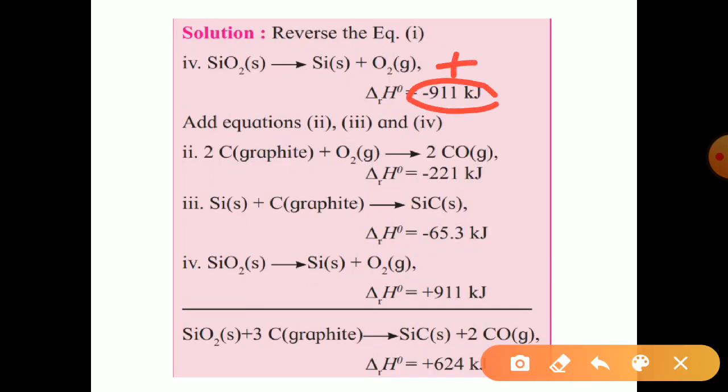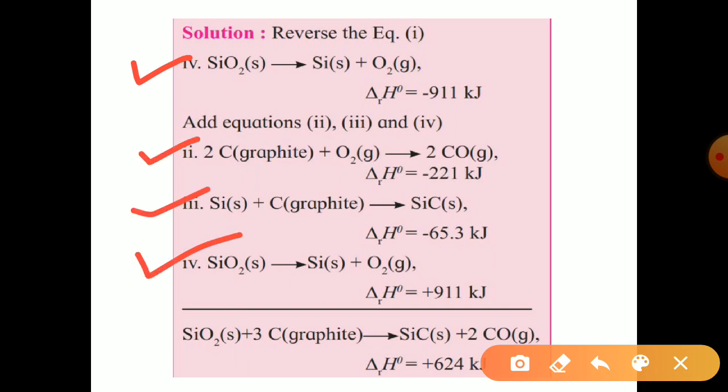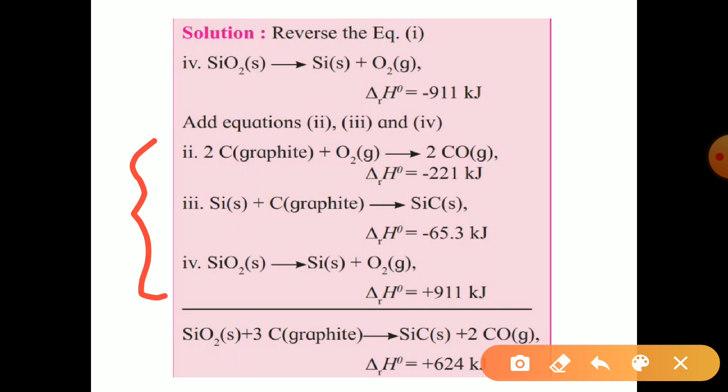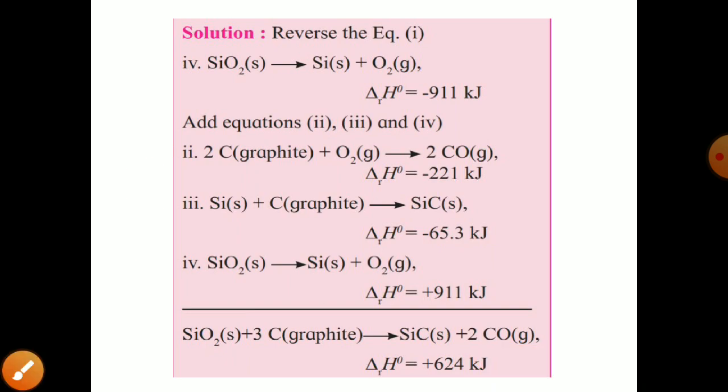Now add the second, third and fourth reactions. The fourth is the one obtained by reversing the first reaction. By adding these 3 constituent reactions, we get the overall reaction.